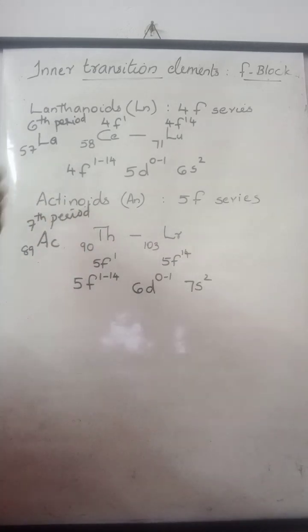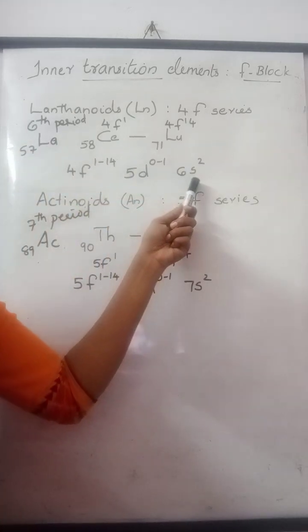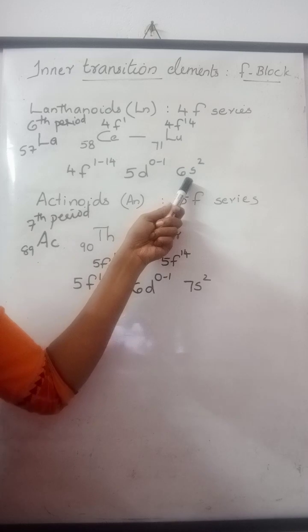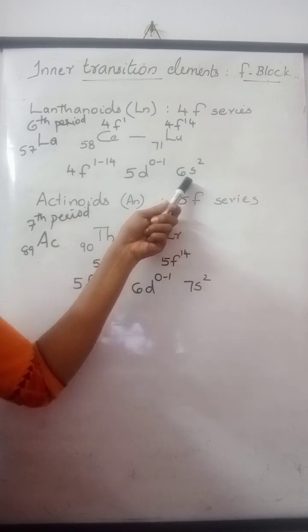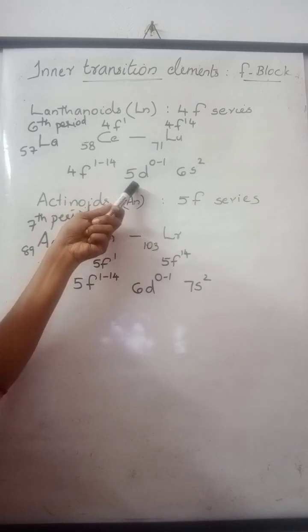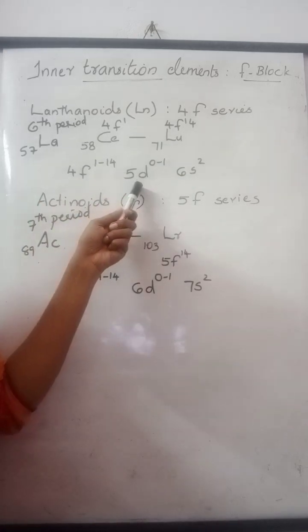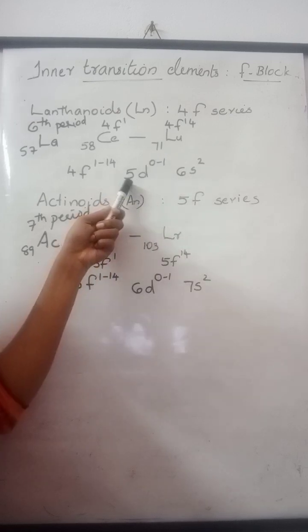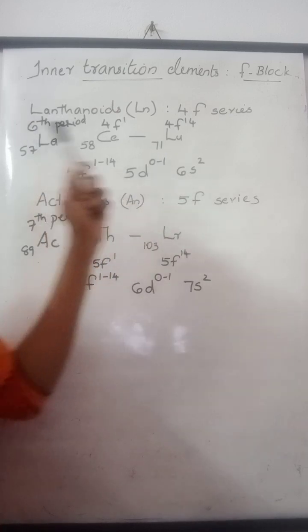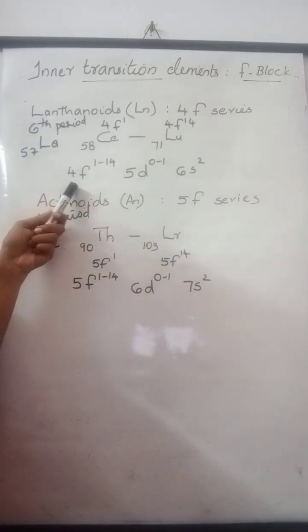Here they are 6th period elements, so the outermost shell is the 6th shell. 6s2 is common for all lanthanoids. Before 6s2, the penultimate shell, that is 5d, 0 to 1. In most of the elements 5d is empty except a few which contain 1 electron in the 5d. Electron is filled not in the last shell, not in the penultimate shell, but in the shell before, called the anti-penultimate shell.